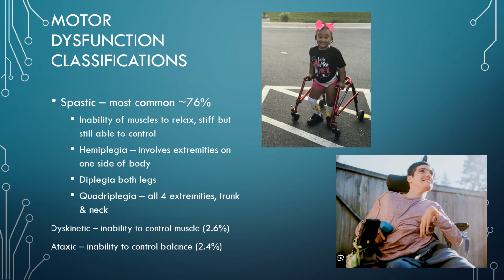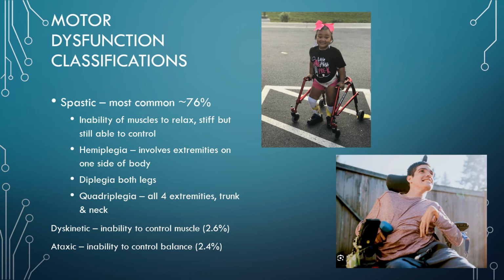Okay, here are some pictures of children with cerebral palsy so that you can see, after seeing these kinds of images, maybe you've seen someone in your community that has cerebral palsy, if you recognize some of the equipment that is used. So motor or movement dysfunction is the typical sign.